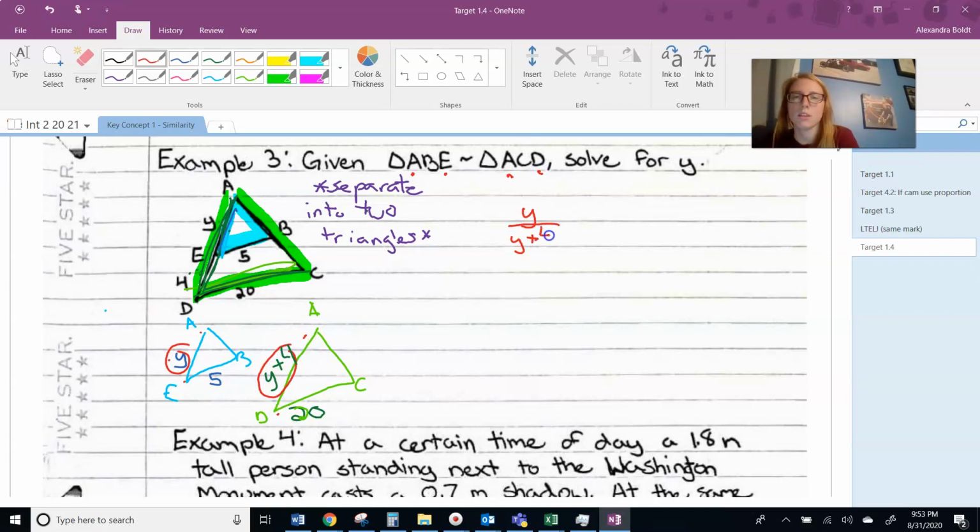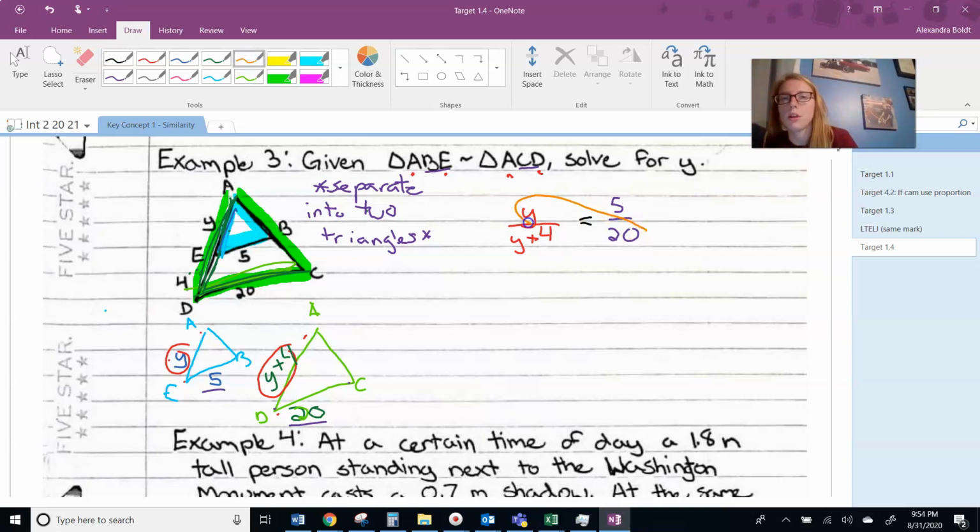This one's not too difficult because the sides that go together make sense that they go together. But again, it's good practice to always make sure your pieces are matching up. So then the only other side we have is 5, which is EB, and that's going to match up with DC. So we're going to put 5 over 20, and those are equal.